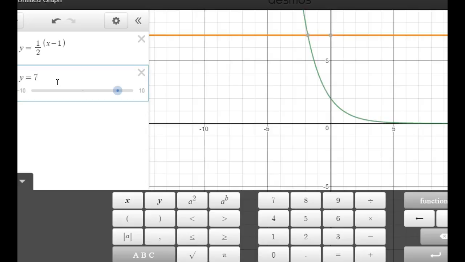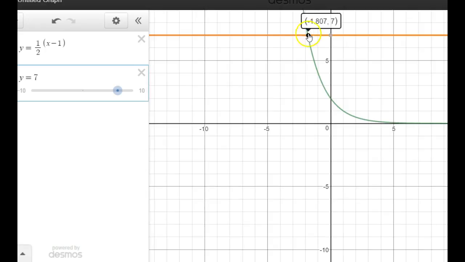Now I have those two equations graphed, and in your book it tells you to use the trace feature or the intersect feature. When we're using Desmos, we can literally just click on the point where they intersect, because that's given to us, and it tells me that they intersect at x equals -1.8.